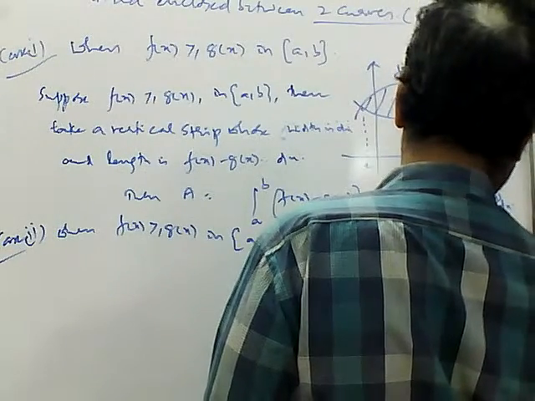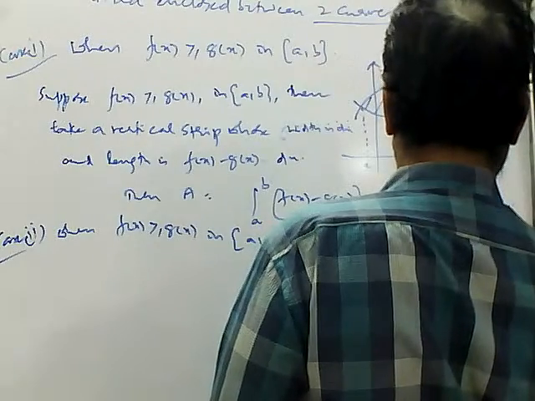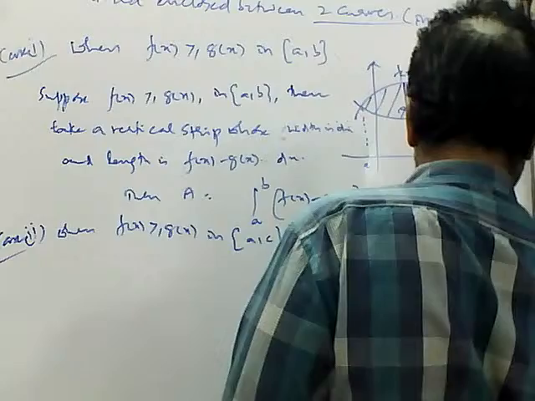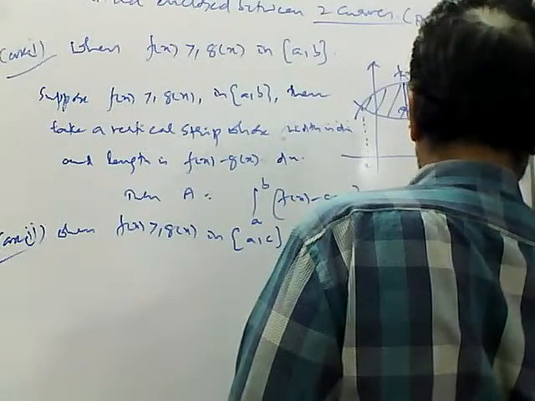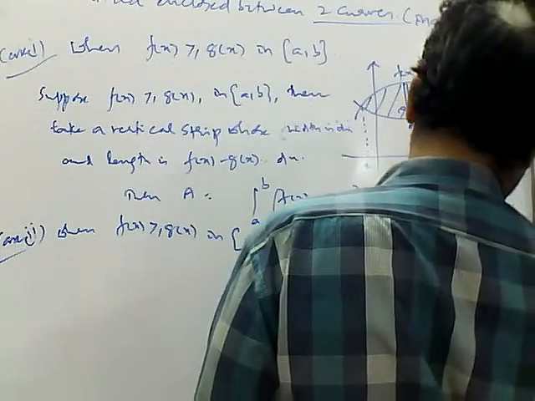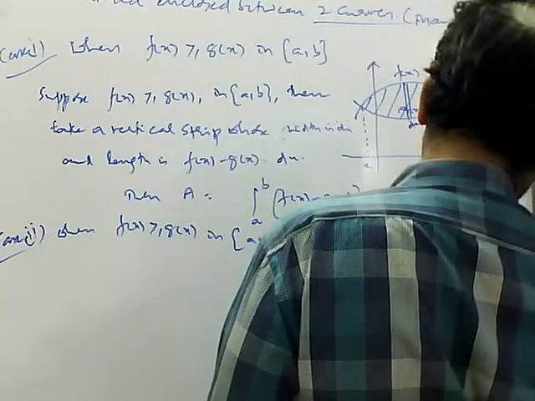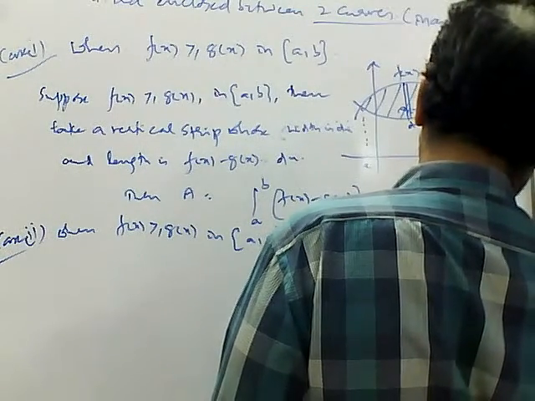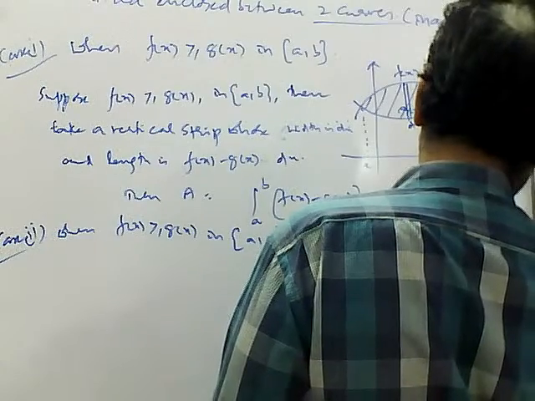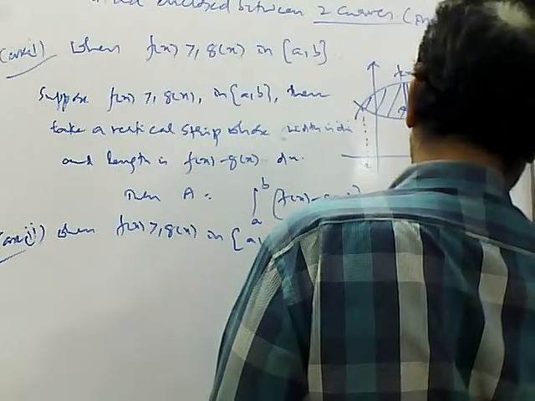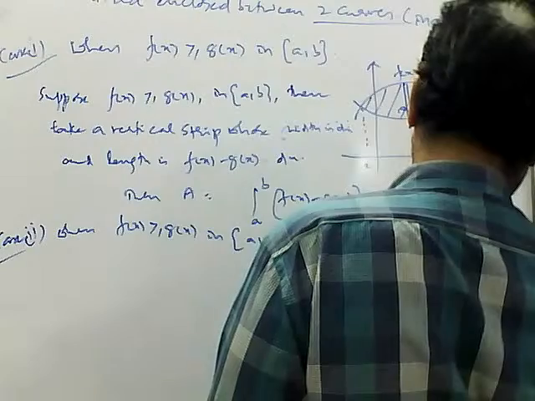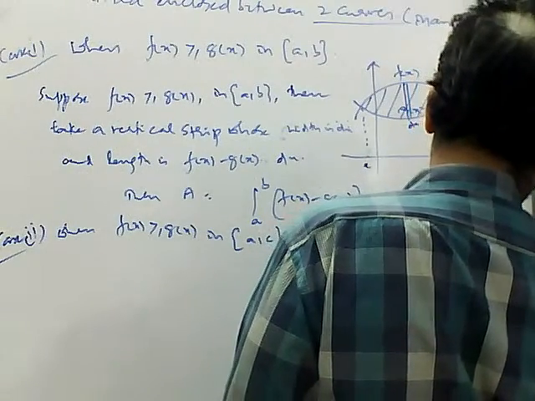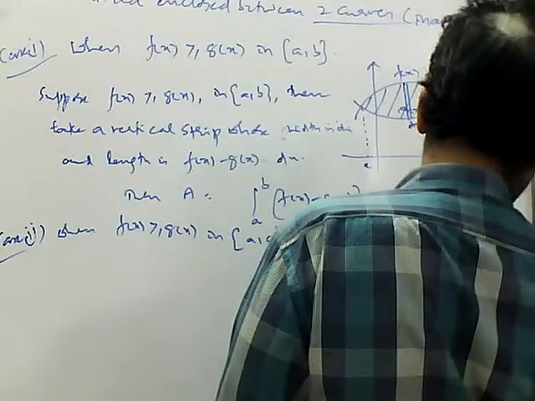So y is equal to f of x. This is g of x. So in this case, you take a strip f of x minus g of x, and in this case, you take a strip g of x minus f of x. So this is A, this is C, and this is B.